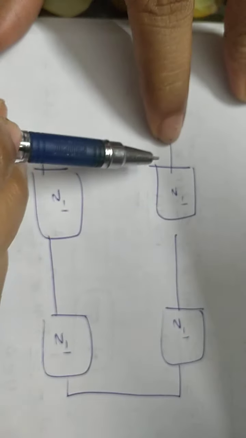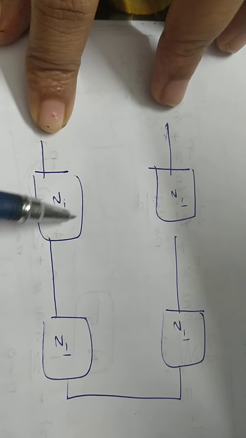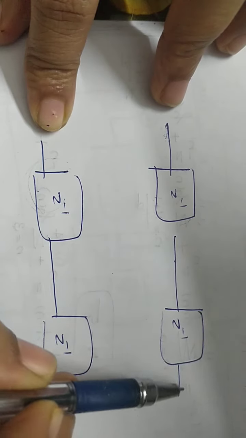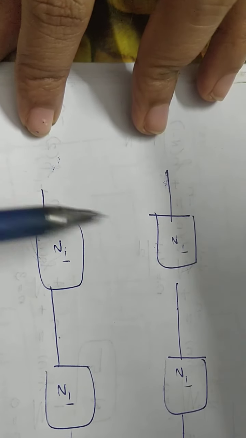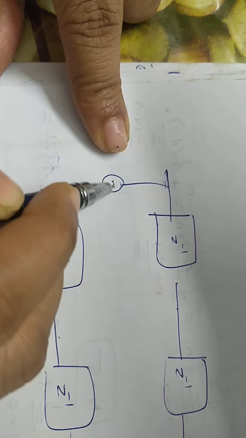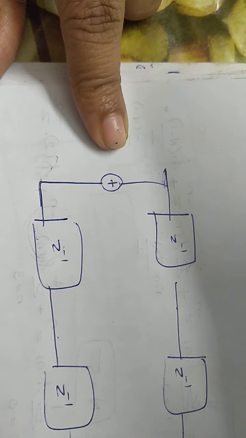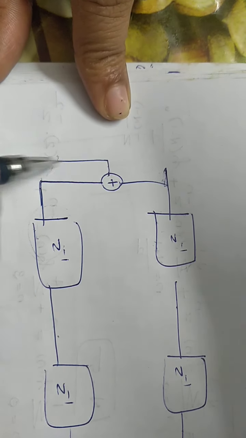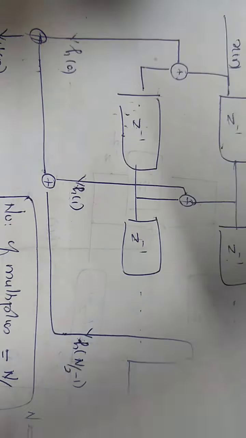Here z inverse coefficient, and this is the fourth z inverse term. Here z inverse, z raised to minus 2, z raised to minus 3, z raised to minus 4. These two coefficients, 1 plus z inverse coefficient, are added and multiplied with h of 0.